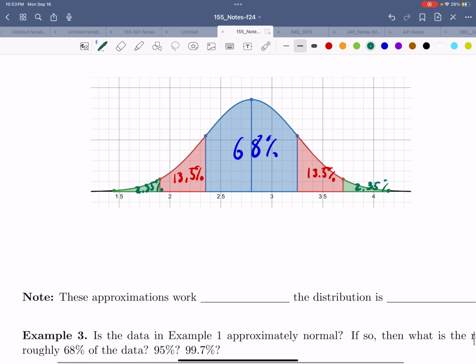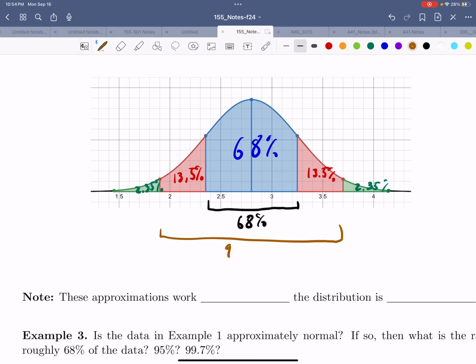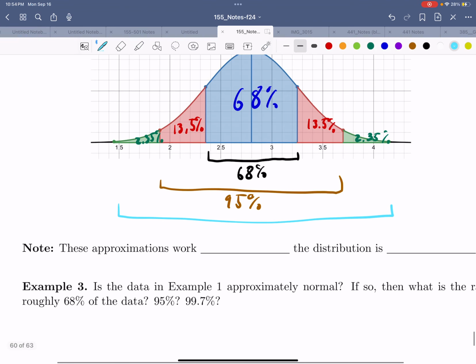So just to be clear, this is about 68% of the data. Maybe I'll use brown. This is roughly 95% of the data. And let's say this is roughly 99.7% of the data.